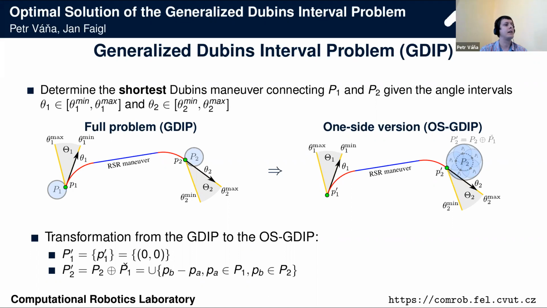Once we know the transformation, we are able to say that we will be solving further only the one-side version.